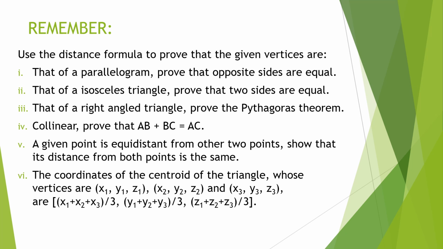If you want to show it is a right angle triangle, just prove the Pythagoras theorem. That means the square of the hypotenuse is equal to the sum of the squares of the other 2 sides. If you want to prove 3 points A, B, C are collinear, just prove AB plus BC is equal to AC. A given point is equidistant from other 2 points.